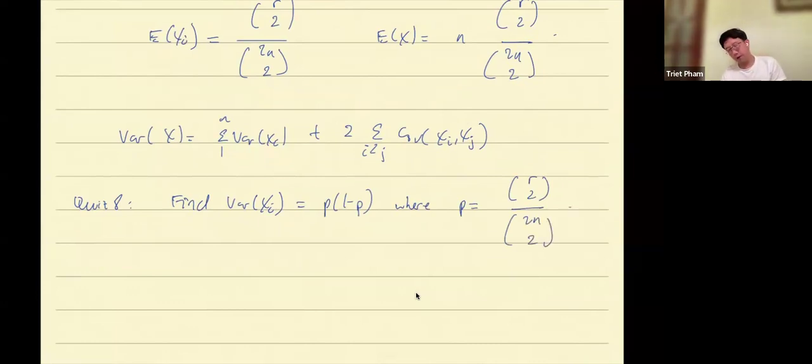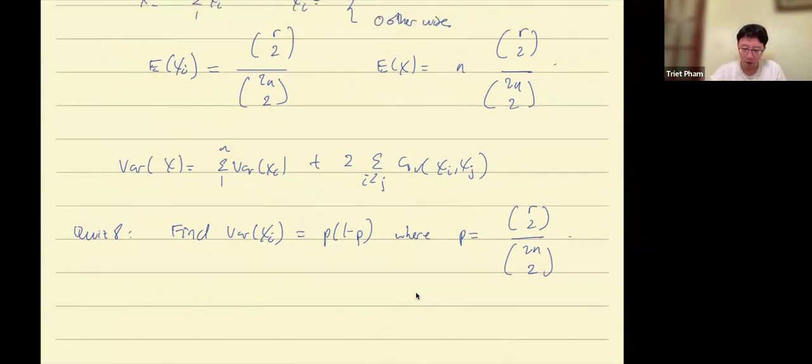So again, variance is usually very straightforward if you have an indicator function, because it's just p times 1 minus p, where p is the expectation, which is also the probability of success. The harder thing is this guy right here.